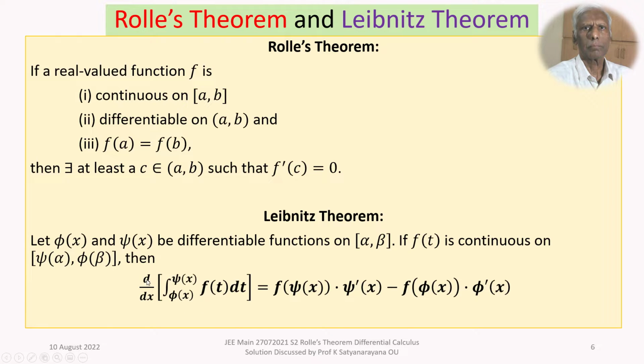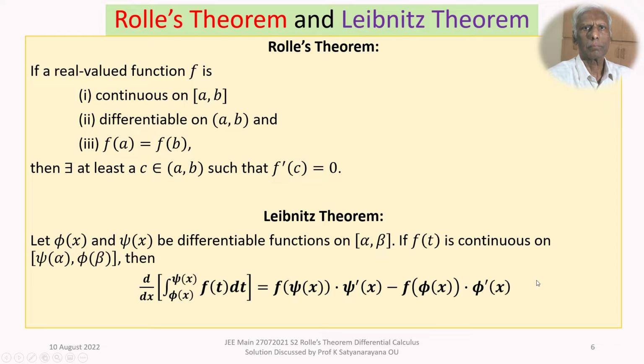So d by dx of the integral from phi(x) to psi(x) of f(t) dt is equal to f(psi(x)), the upper one, multiplied by the derivative of the upper psi'(x), minus f of the lower function phi(x) multiplied by its derivative phi'(x).